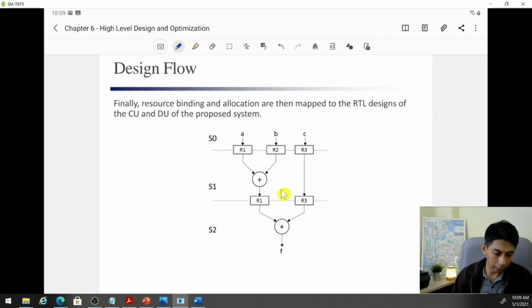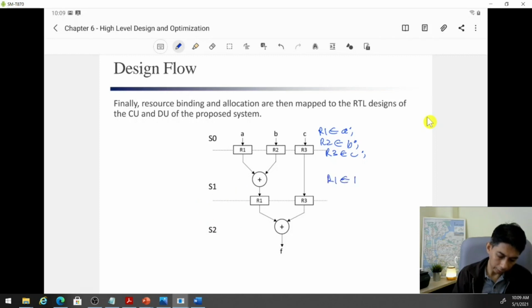For example, at cycle S0, the RTL operation will be R1 gets A, where A is transferred into R1, R2 gets B, R3 gets C. And for S1, we have R1 gets R1 plus R2.